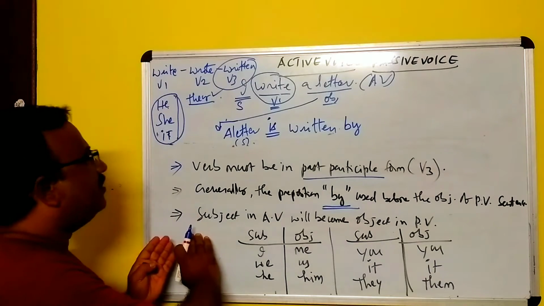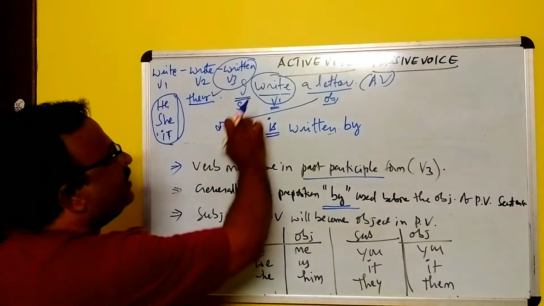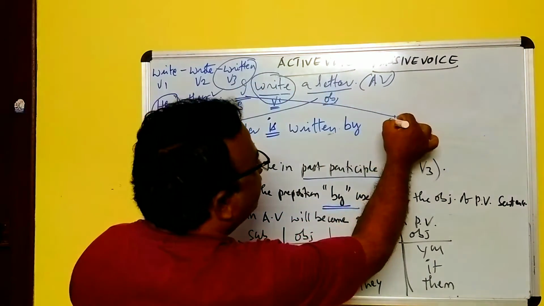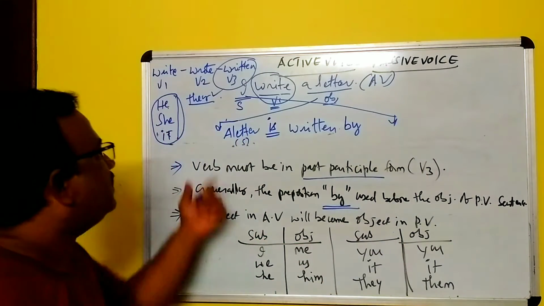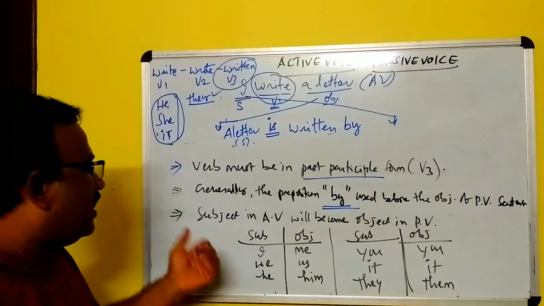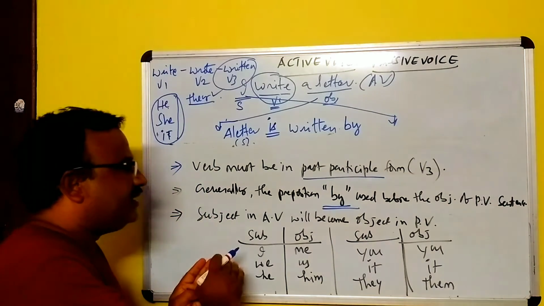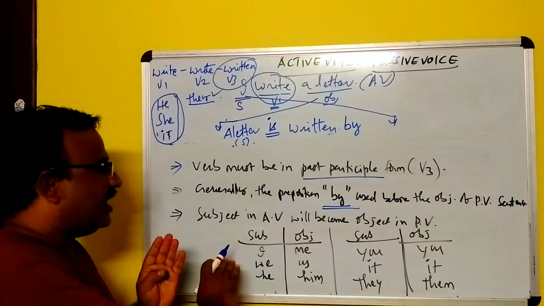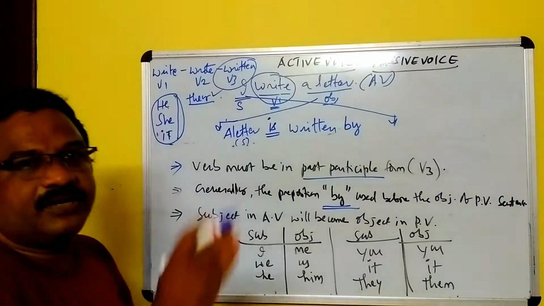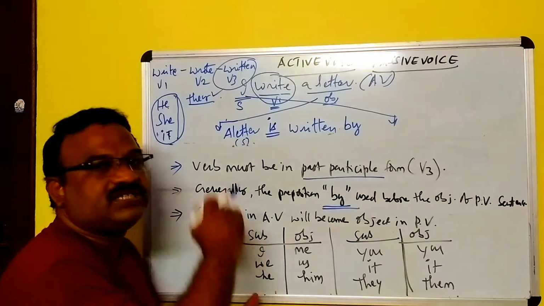And next rule, here object will become subject, and the subject will become object. The last rule is the subject will become object in passive voice. When the subject of the active voice becomes object in passive voice, the subject will change.